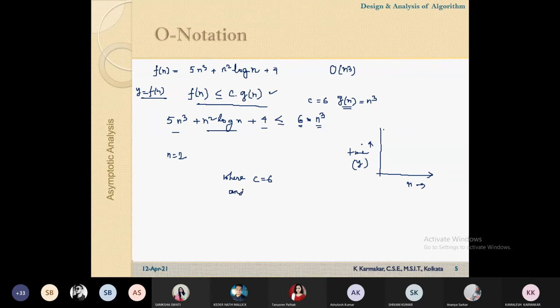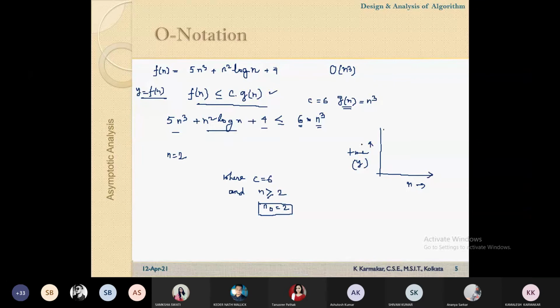And what is the other criteria? n should be greater than or equal to 2, or n should be greater than 1. For this value it will be satisfied. So what will be the initial value of n? n0 equals 2. The initial value of n is basically 2. We have determined it.